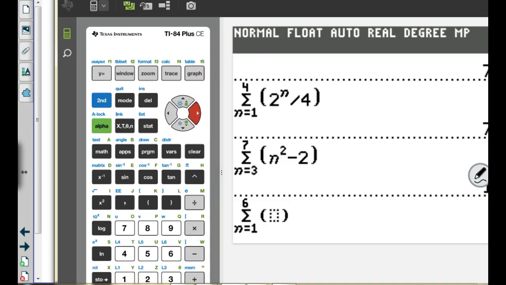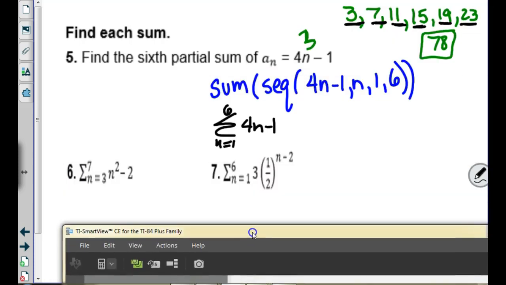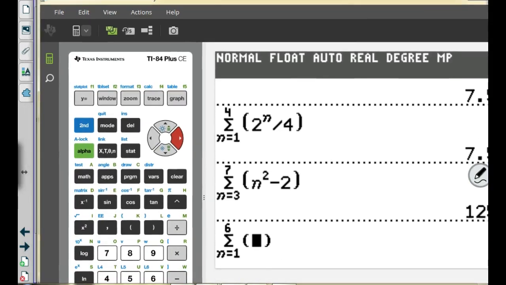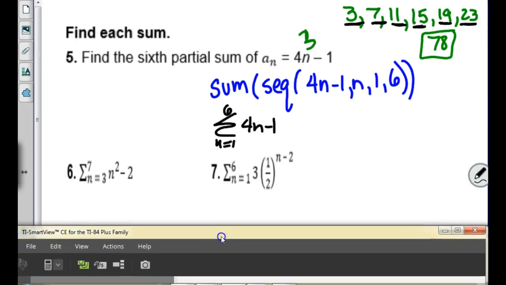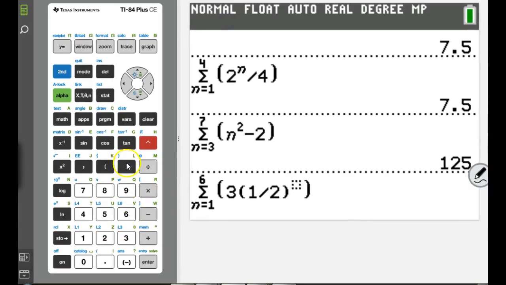Where the formula is 3 times 1/2. Okay, you got to put this in an extra set of parentheses here because of the parentheses that come with it. So it's going to be 3, then another parenthesis, 1/2 to the, and I know some of you like to use the fraction-y thing. That's fine, it won't matter. N minus 2 is up here.